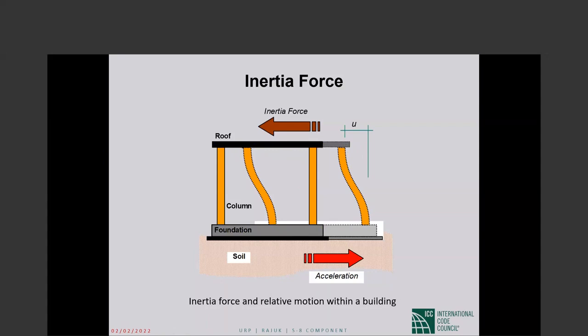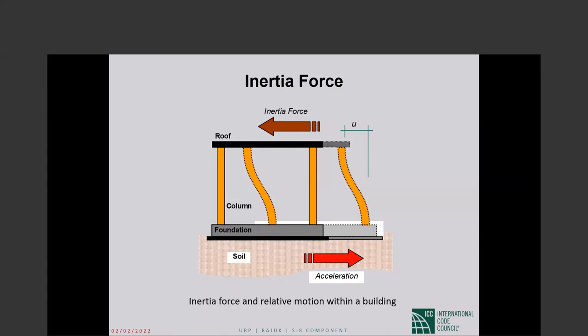The reason that the mass doesn't follow the movement of the foundation is that there is essentially a force acting in the opposite direction to the movement. So this is moving. The reason that this is not moving together with the foundation is that there is a force that is keeping it from moving as far as the foundation.